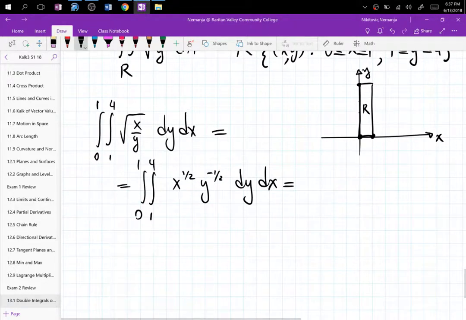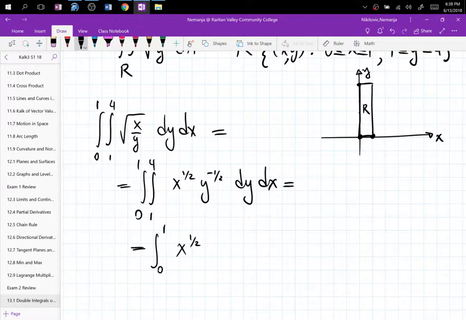So now we integrate with respect to y first. Copy the integral from 0 to 1, copy x to the 1/2, that's constant, and integrate y to the negative 1/2, so that's y to the 1/2 divided by 1/2, computed from 1 to 4. And we still have dx to deal with.